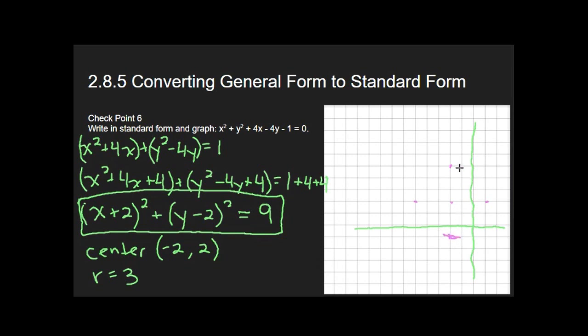And I'm going to try this method again, see if this one does better. It's just really hard to draw on the computer. Okay, there we go. So we have come up with the standard form equation and the graph of x squared plus y squared plus 4x minus 4y minus 1 equals 0.